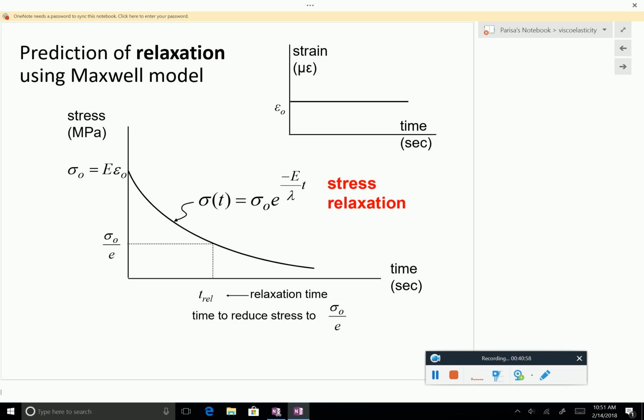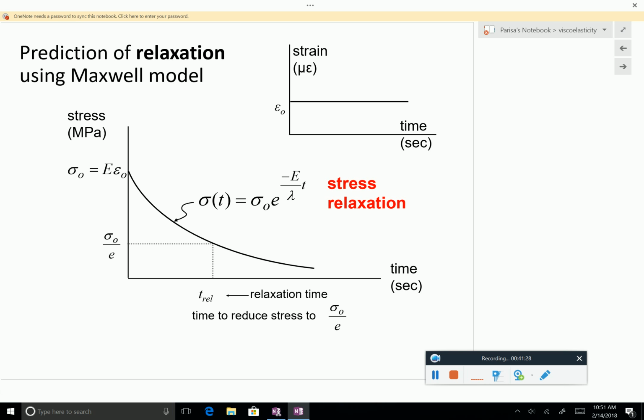If you wait very, very long time, how much stress do you have? If I wait very, very, very long time, is when t becomes very, very large. How much stress do I have? 0, right? It goes towards 0.